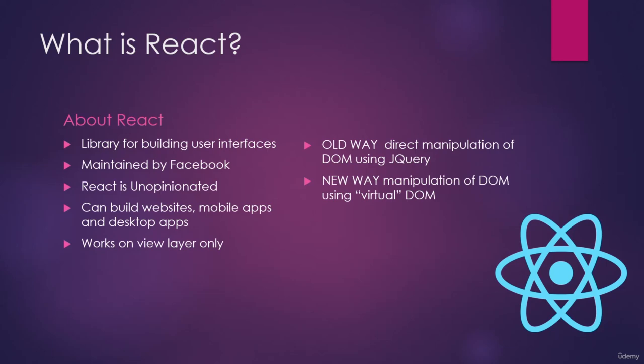So the new way, of course, is using React to manipulate the DOM using a virtual DOM. And it does this in a very fast and efficient way. And it's fast and efficient because of this virtual DOM. And it uses this to manipulate the underlying HTML elements in the actual underlying browser DOM. And that's why it's so fast.